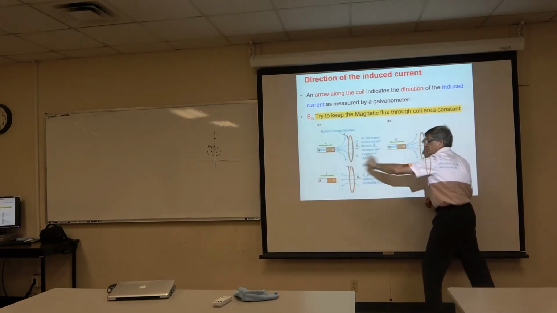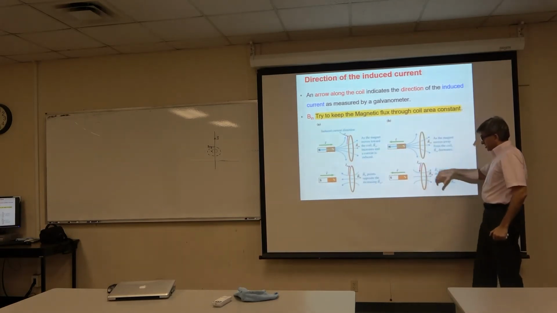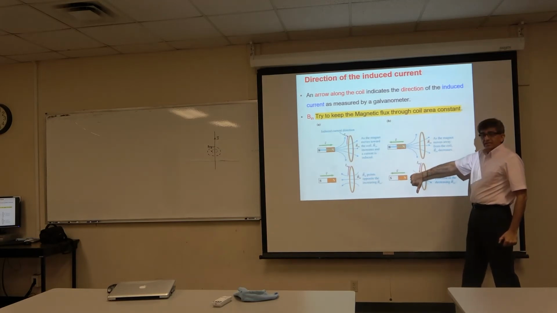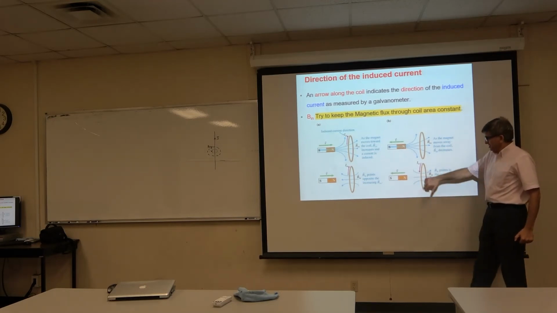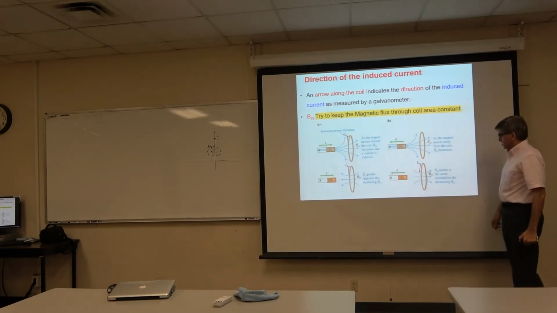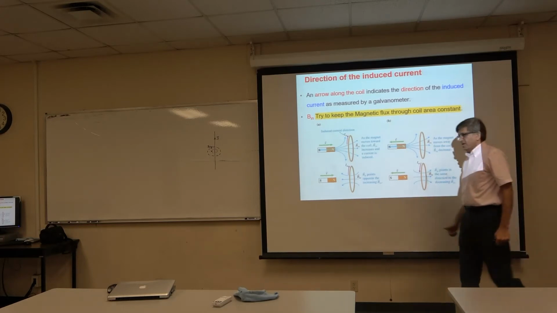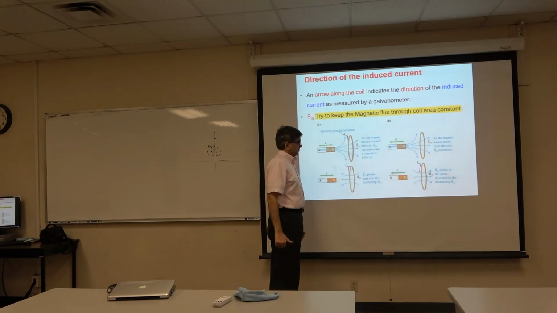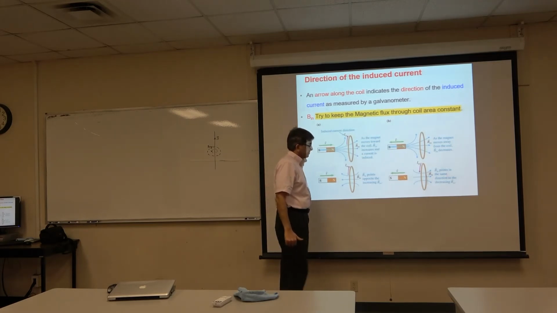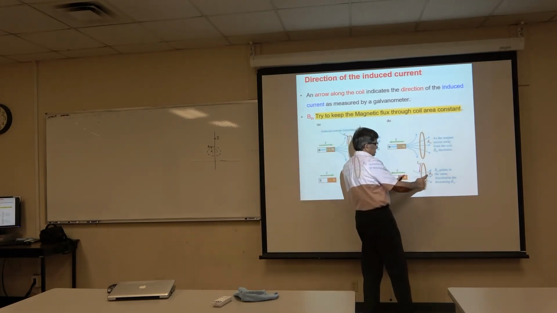I am pulling out the external magnet, whereas my induced magnetic field is opposing that change, right? It is in the same direction as the decreasing magnetic field. All right? So this is opposing.